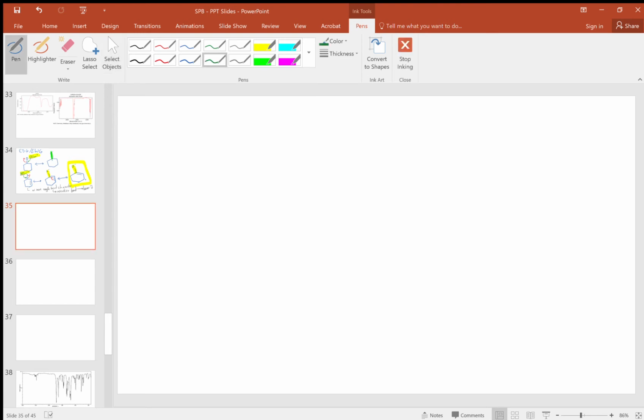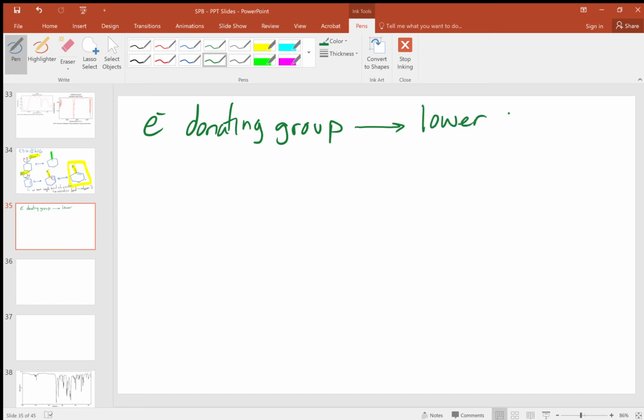So in general, if we have an electron donating group, and what we're going to summarize here is mostly relevant to carbonyls. That's the biggest place where we see this, but it can apply elsewhere. Electron donating groups, by giving us more single bond character in a carbonyl, lower the delta E, which takes us to lower wave numbers.